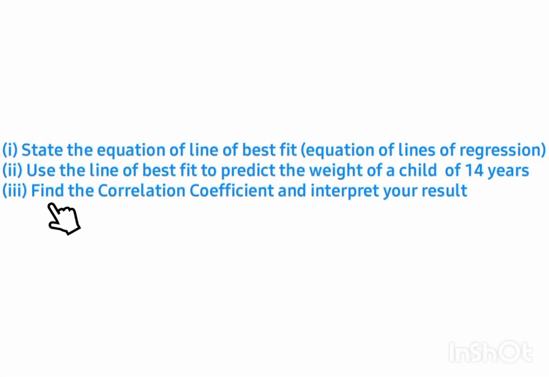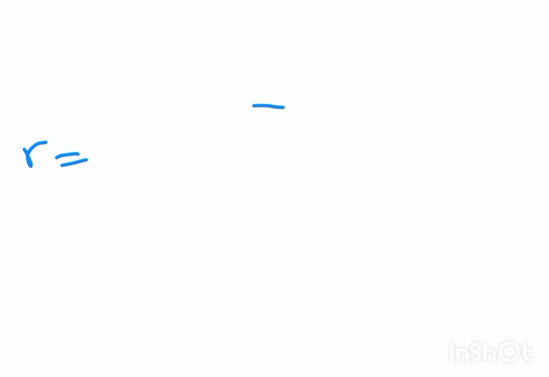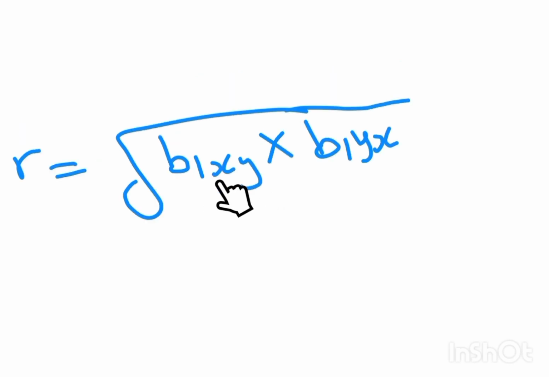Question 3 says, find the correlation coefficient and interpret your results. And here we go now. Correlation coefficient denoted with r equal square root of b1 of x on y times b1 of y on x. This takes us back to the values we've gotten so far, and here we go now.